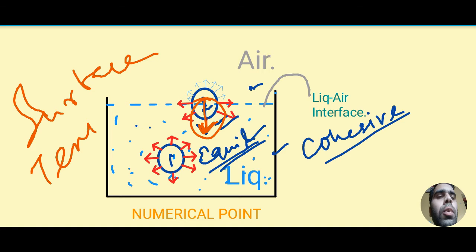When you put another load on top, if the value of the weight is not so high, then this unbalanced force will manage to hold that load. So this phenomenon is called surface tension only.